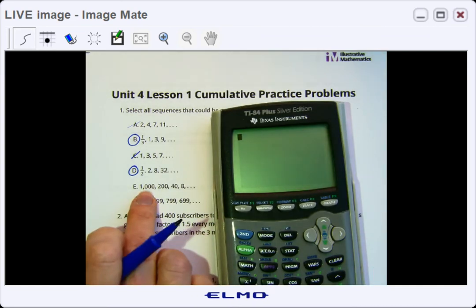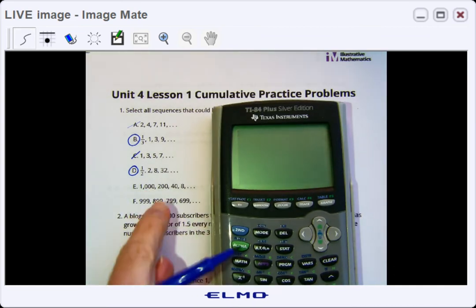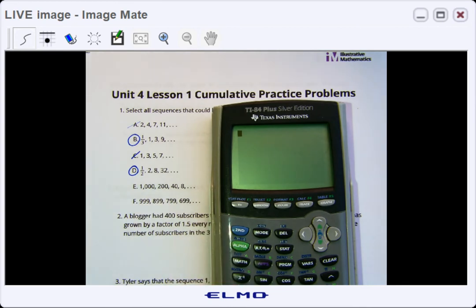So I do know that 1,000 times 1/5 is 200. And now if I multiply that by 1/5, I get 40, so that's good.